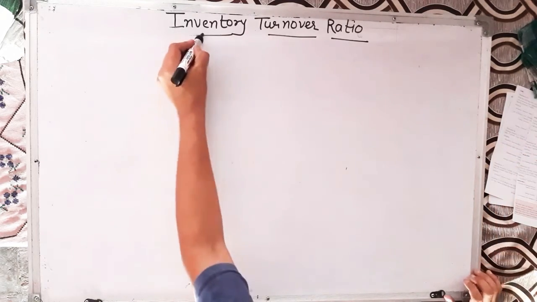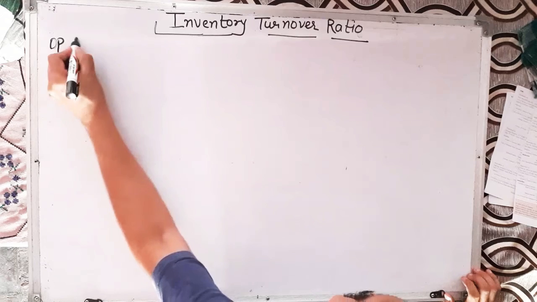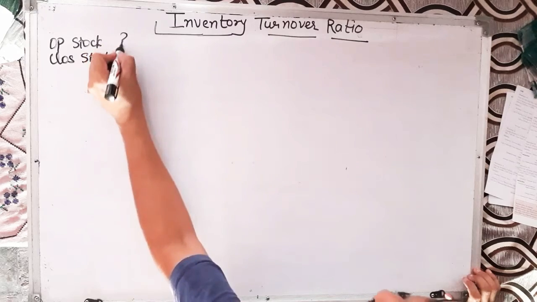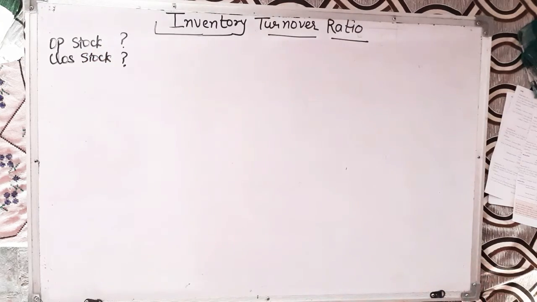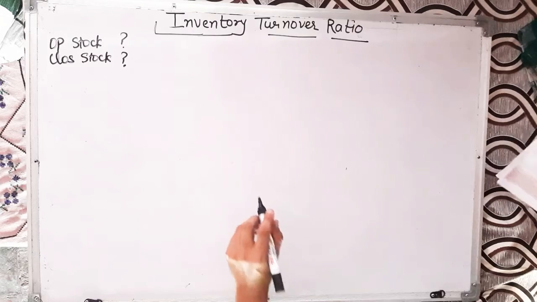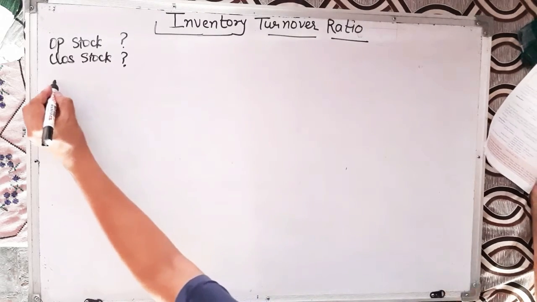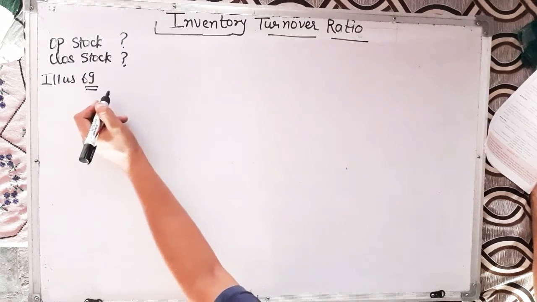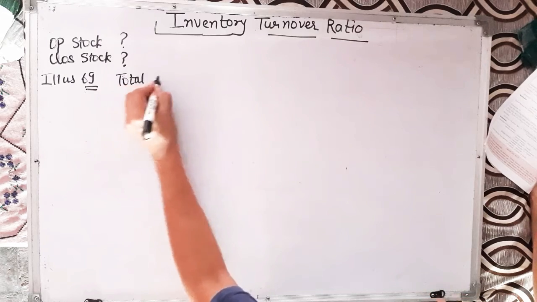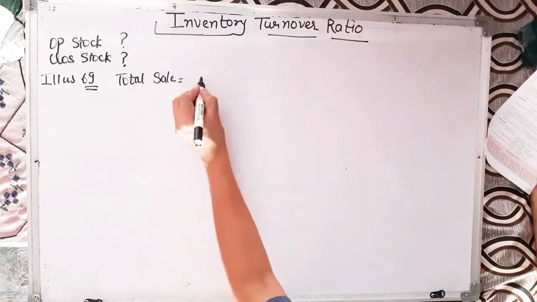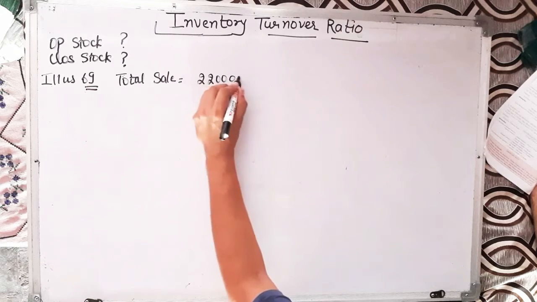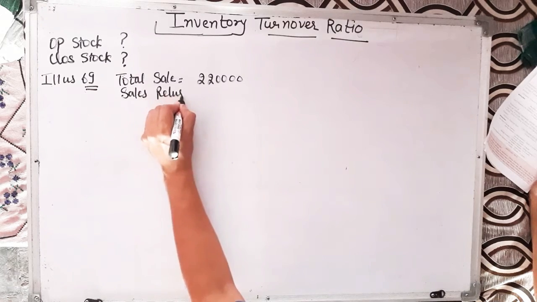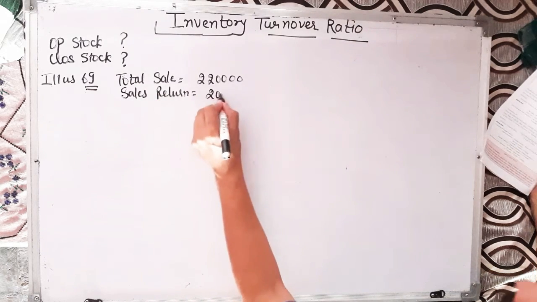Next topic is to find out opening stock and closing stock, which will not be given in the numerical. Illustration number 69. Total sale is equal to 2,20,000. Sales return is equal to 20,000.